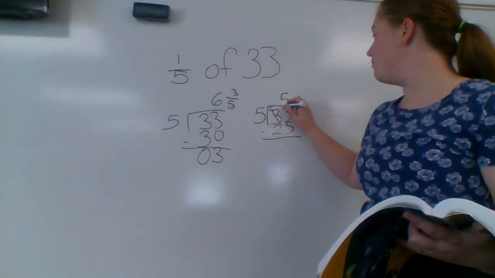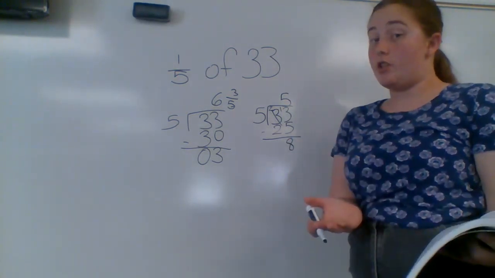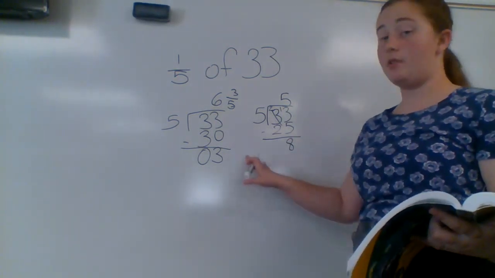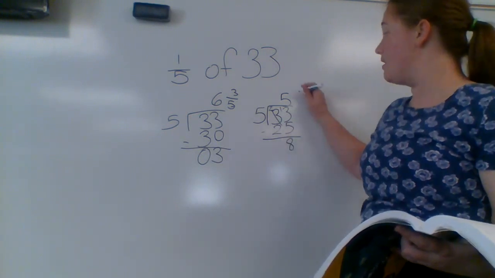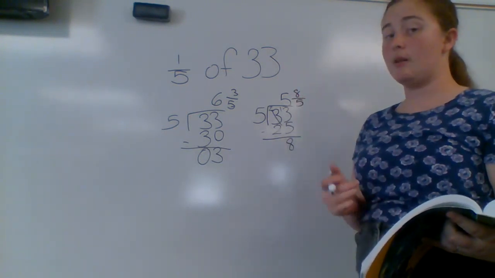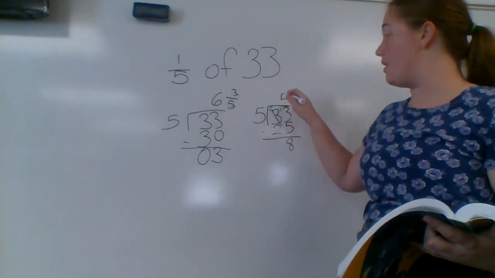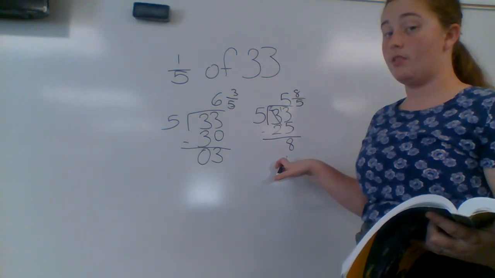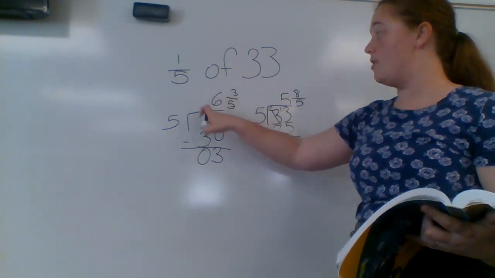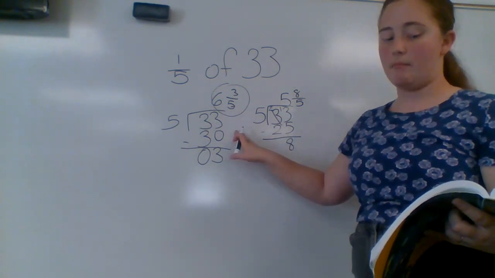This becomes 2. This becomes 1. 13 minus 5 is 8. If I weren't checking, and if I was being very careless, I would say 8 would be my top number and 5 would be my bottom number. You can't have a bigger number on top than the bottom. So that's why this would be wrong. You see that? So this would be my answer right here, and this is a mixed number.